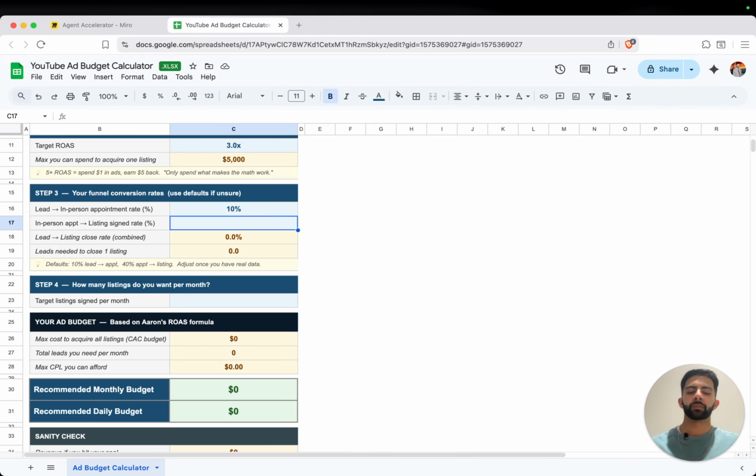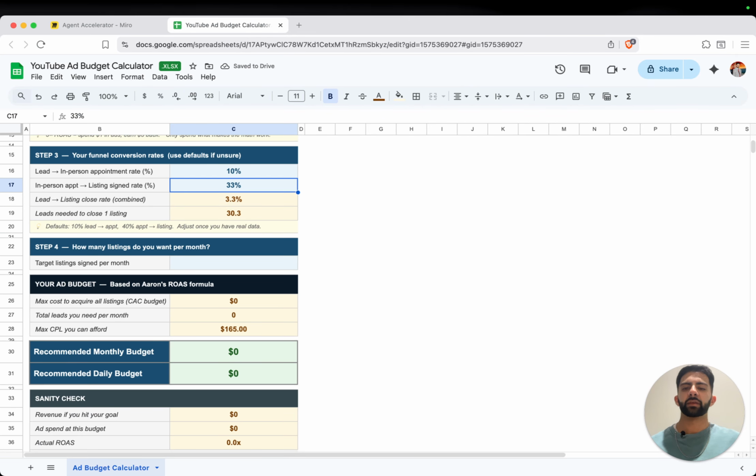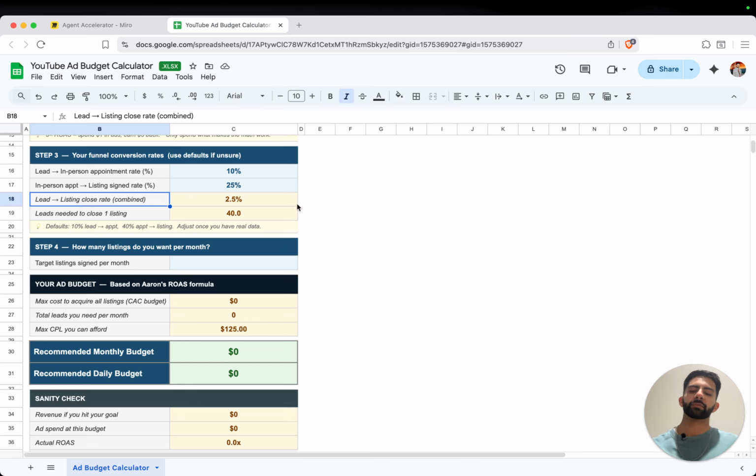So let's say we meet somewhere in the middle, we're at 33%. Also, just to make the number even cleaner, we'll just do 25%. That means in total, for every new lead that we're getting, 2.5% of them are being converted into a listing, which means that we need at least 40 leads to bring in one closed listing.